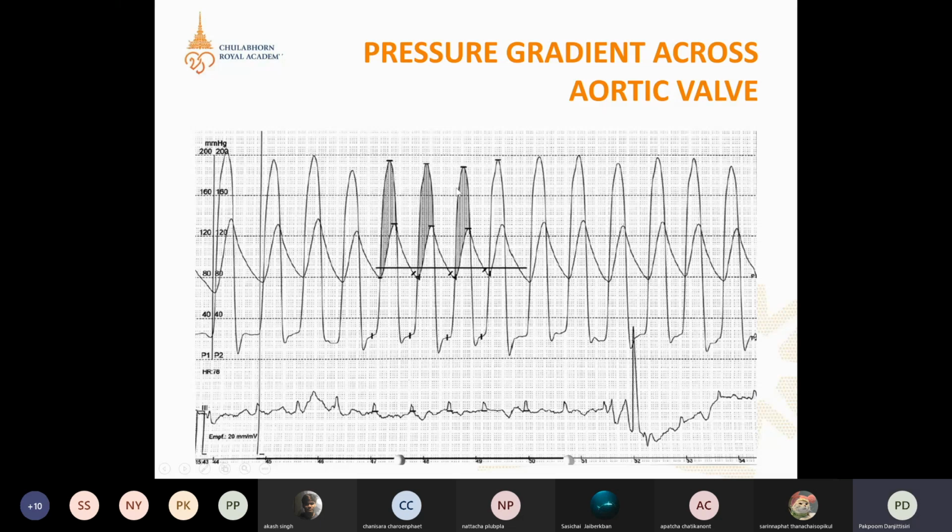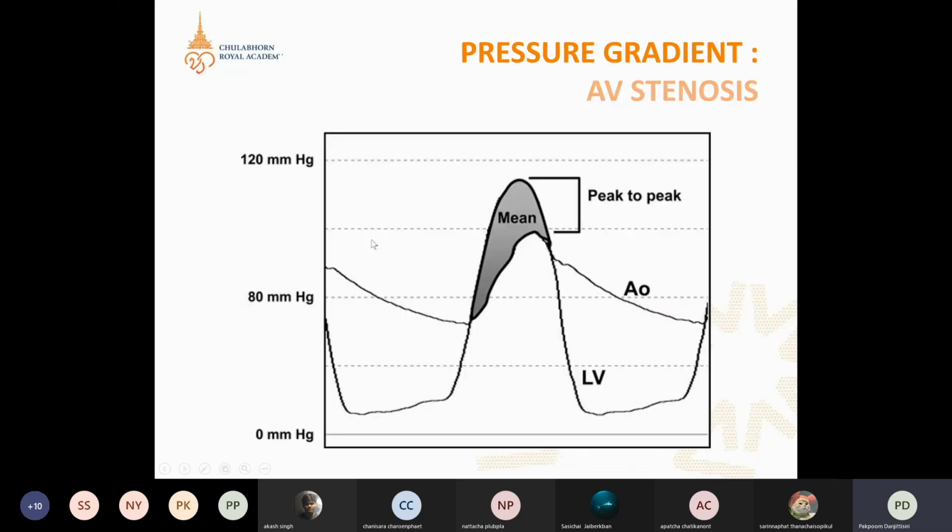And then you can find the mean pressure by calculating the area under the curve over here. Okay.